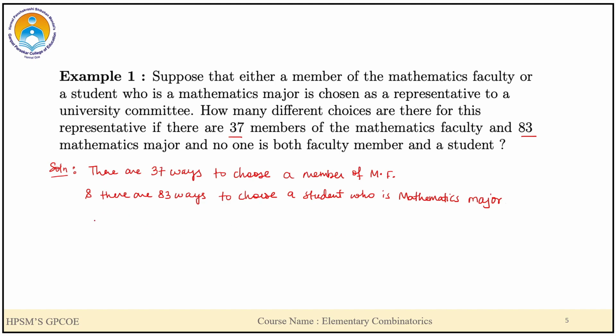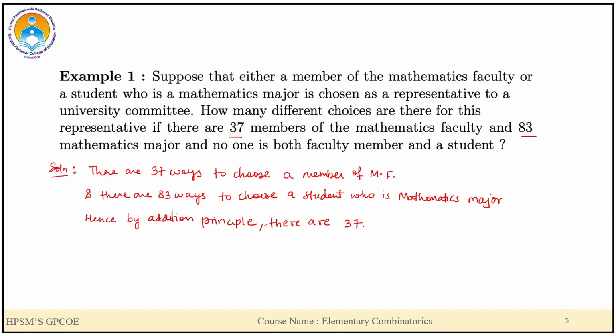Hence by addition principle, there are 37 ways to choose a member of mathematics faculty and 83 ways to choose a student who is a mathematics major.